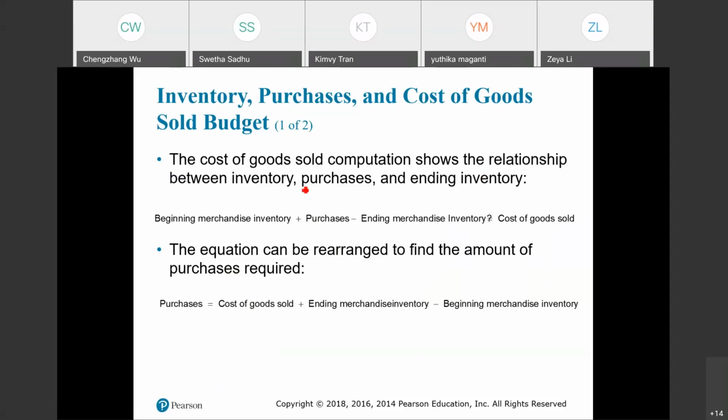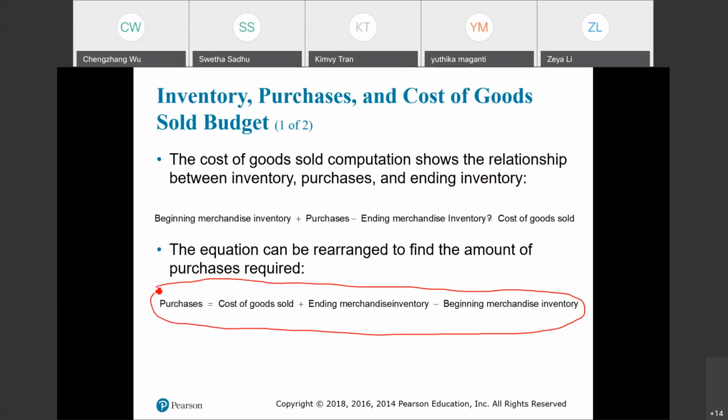Basically speaking, this equation is the basic structure for the inventory purchases and COGS budget. Let's take a look at the next slide.